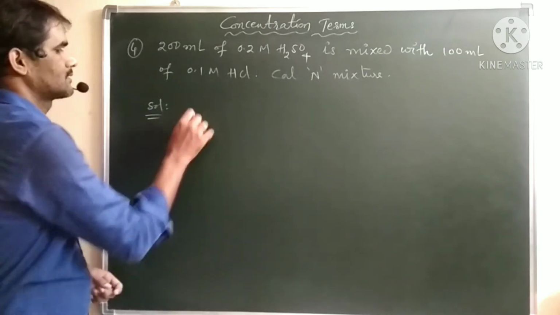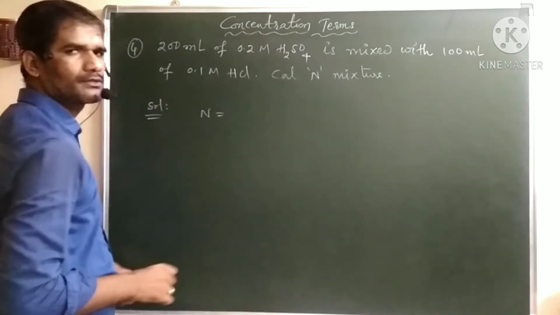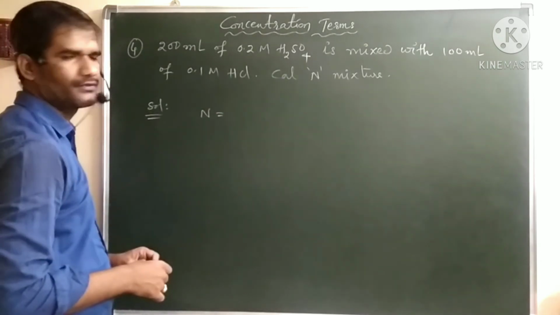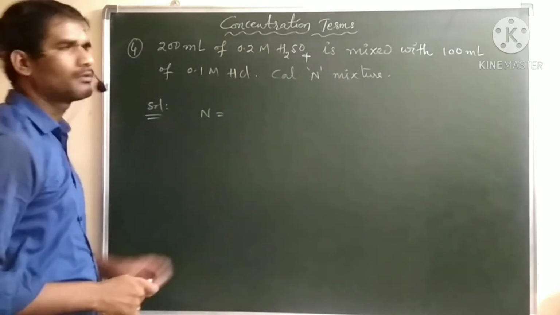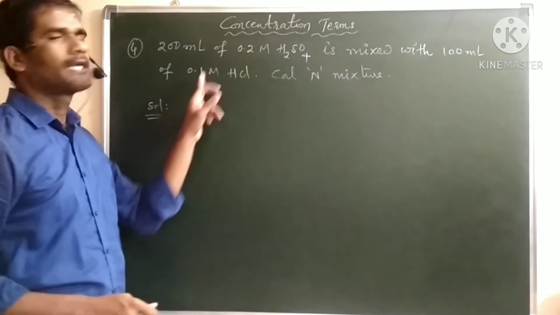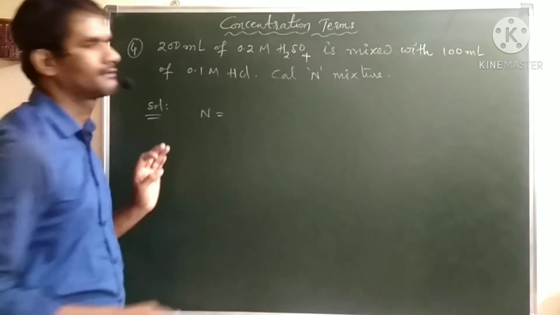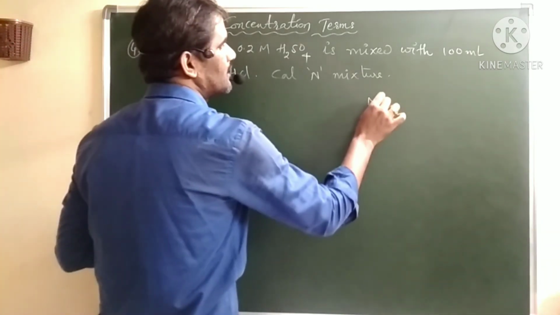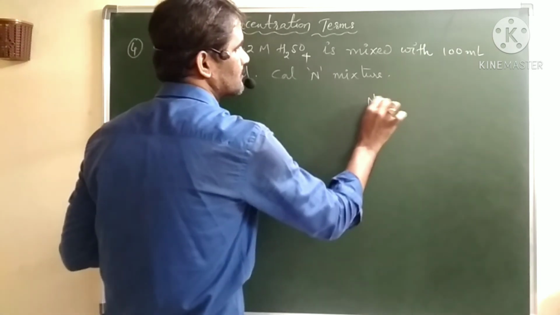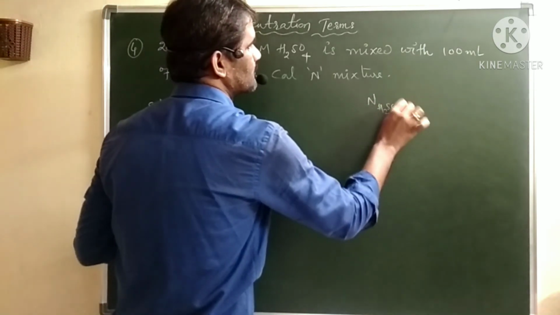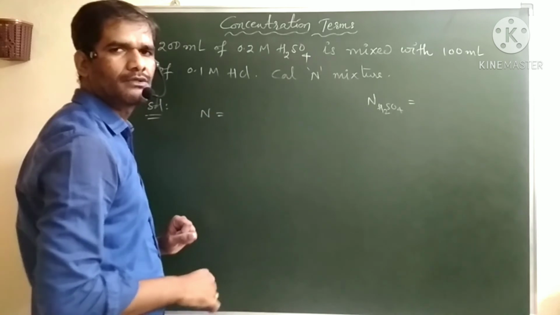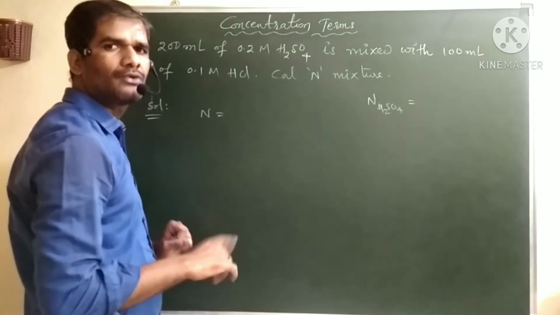Solution for this: normality is equal to again N1V1 plus N2V2, but here they give the molarity of sulfuric acid and the molarity of HCl, but what we require is the normality. First, the normality of H2SO4. Normality is equal to molarity into N factor.